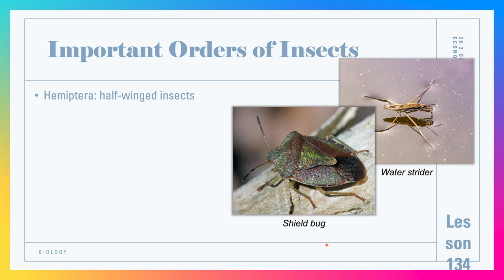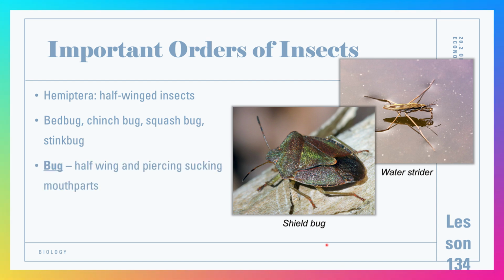The third group is Hemiptera, or half wings. Hemi, half. This includes the bed bug, which is something you never want to have in your house, the chinch bug, the squash bug, and the stink bug. The stink bug is called the stink bug because if you step on it or injure it, it will put out a fairly obnoxious odor that drives away predators.